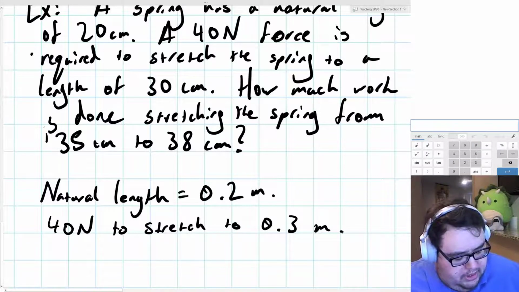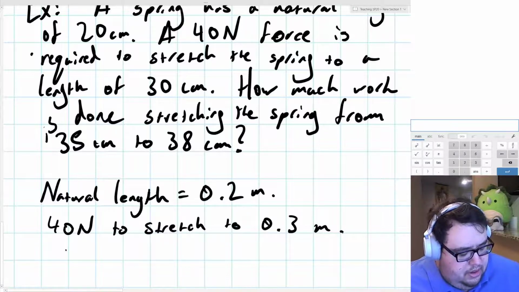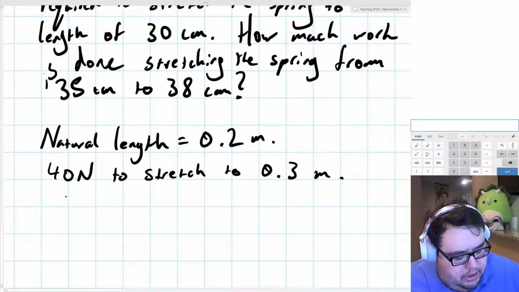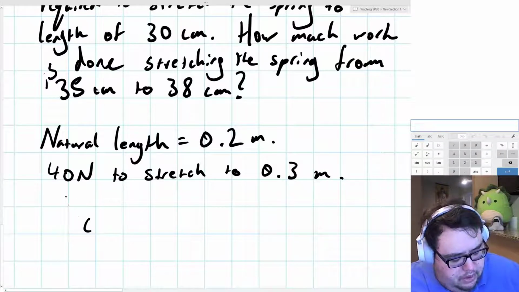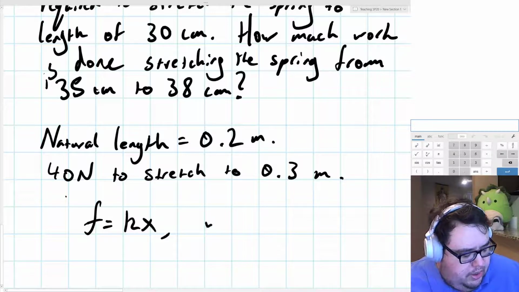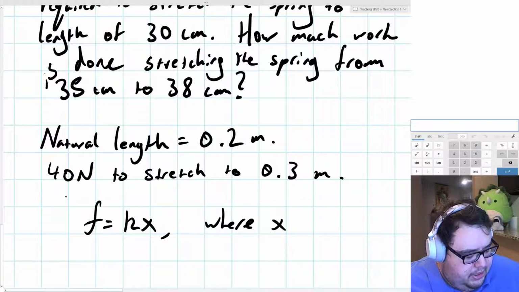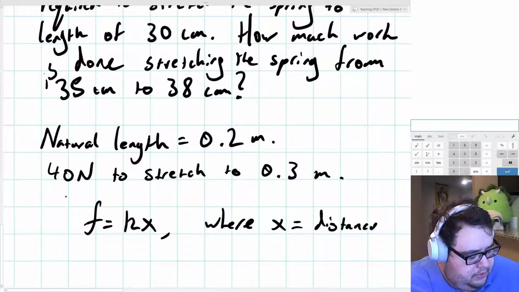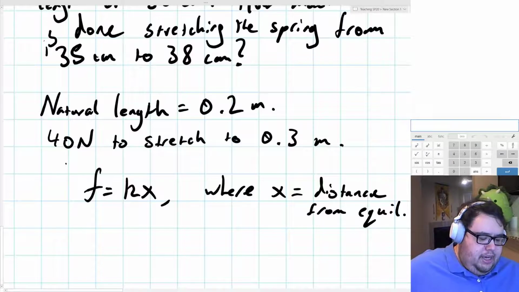This means that if we want to solve for the spring constant, we can take that F is equal to kx, where x is the distance from equilibrium. We know k is constant.